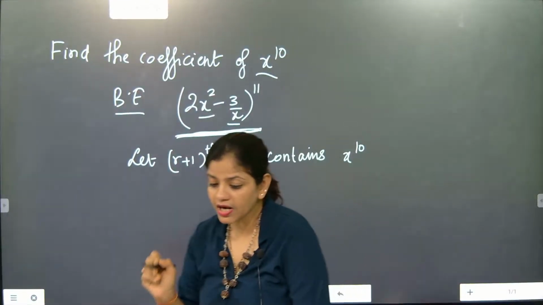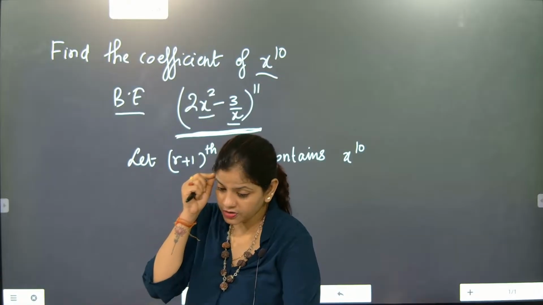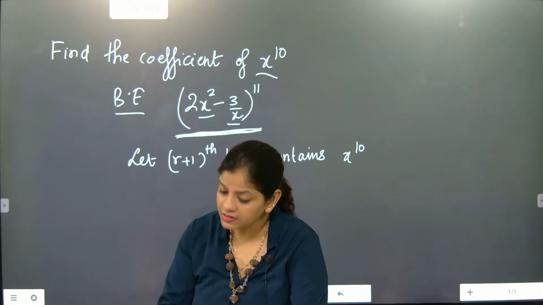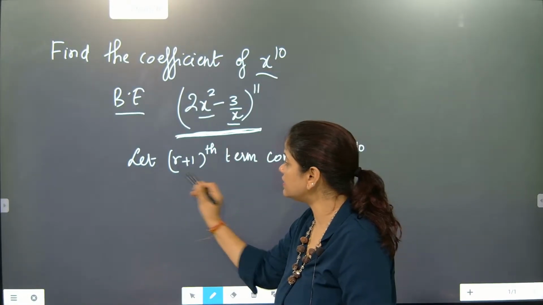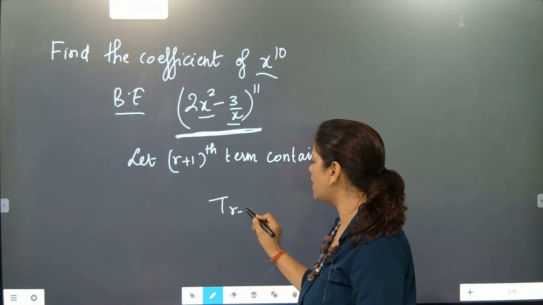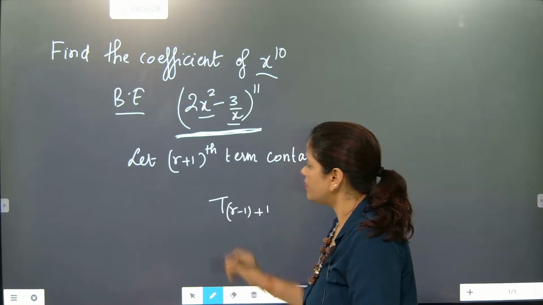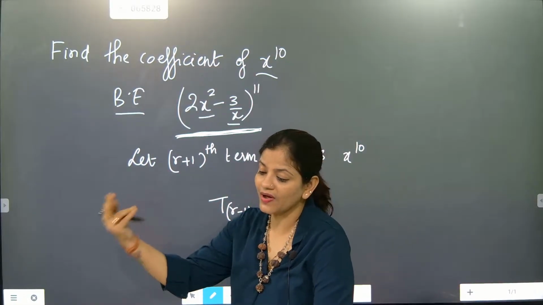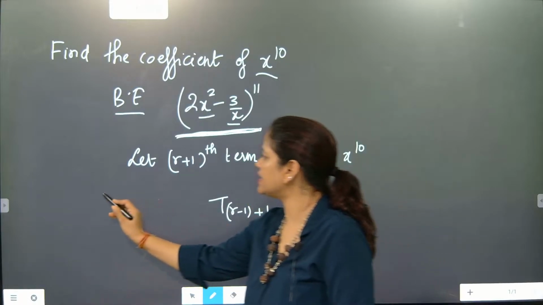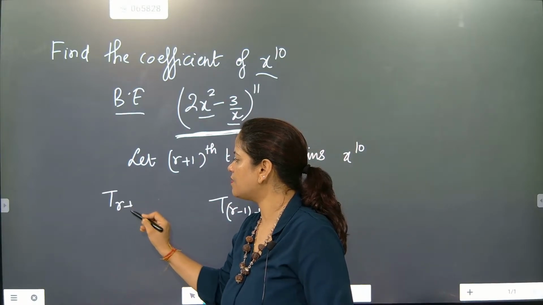But we did not write the rth term. Remember this one. If we write the rth term, then it will become r minus 1 plus 1. But when we write the r plus 1th term, directly it becomes t r plus 1.